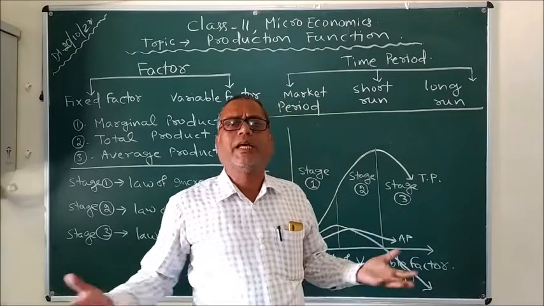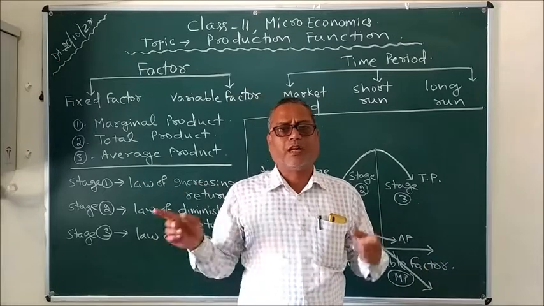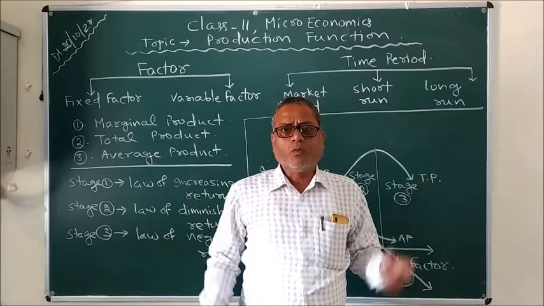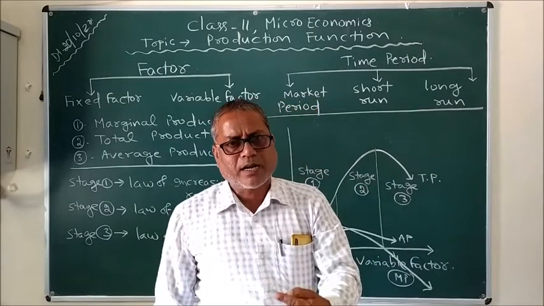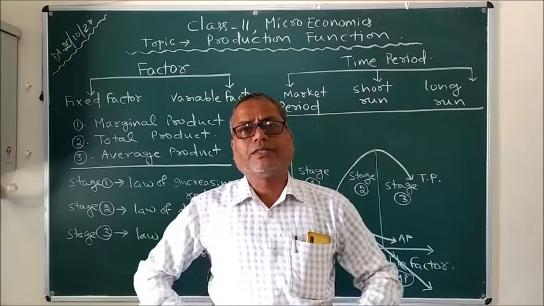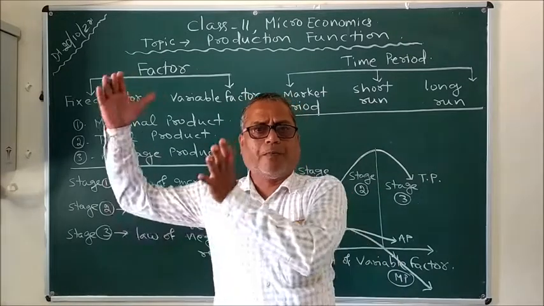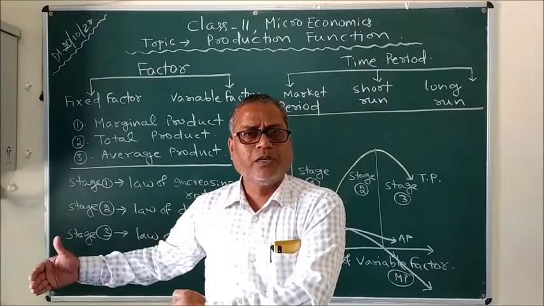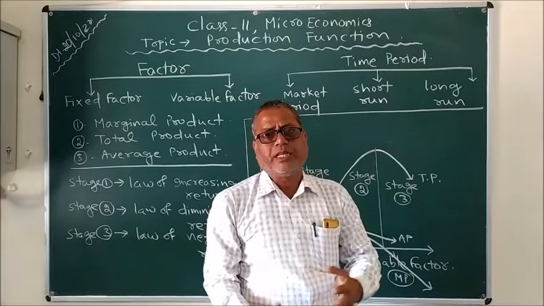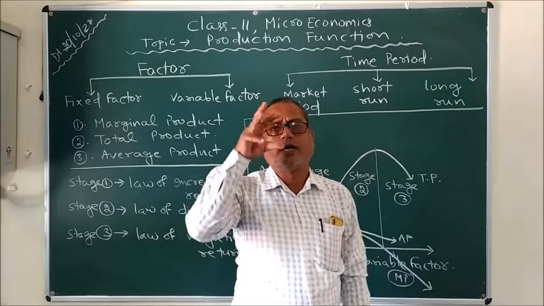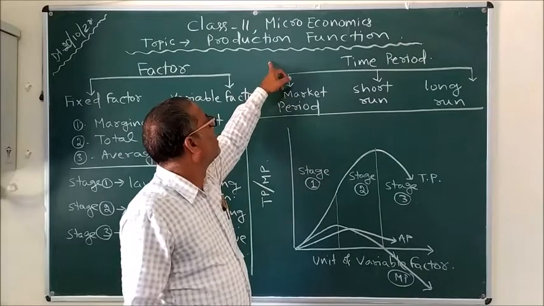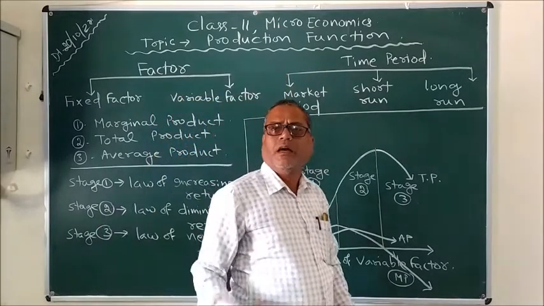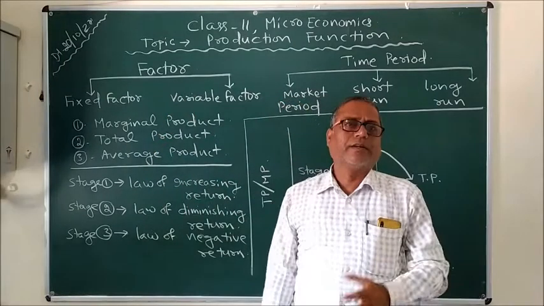When we say relationship between input and output, it is simply quantity. What is the number of input we are using, and as a result, what is the number of finished product we are getting. Here the finished product is output and the input is where we are going to add the value. So thus production function tells us about the functional relationship between a number of input and a number of output.